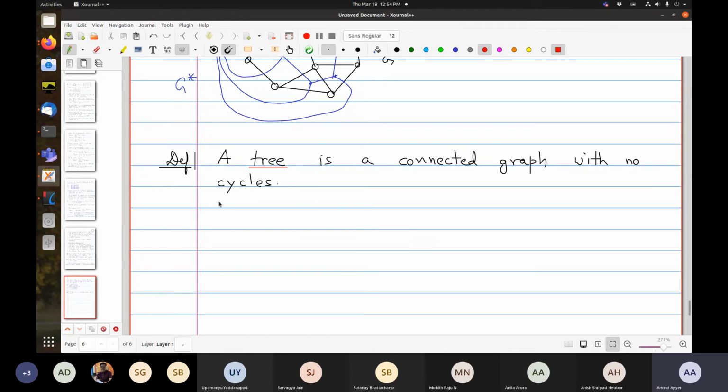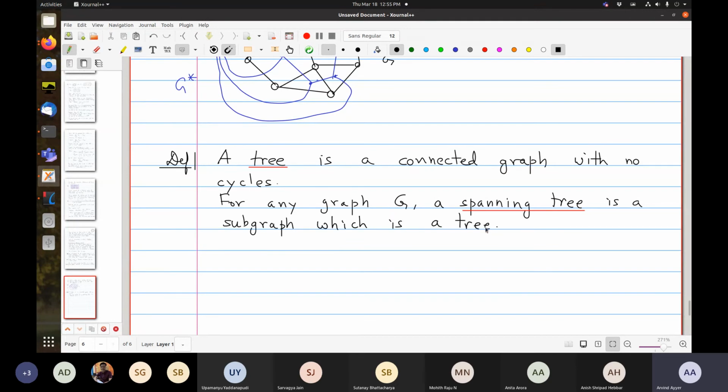A related notion is that of a spanning tree. For any graph, a spanning tree is a subgraph which is a tree.